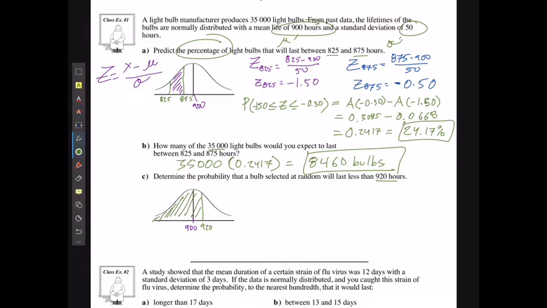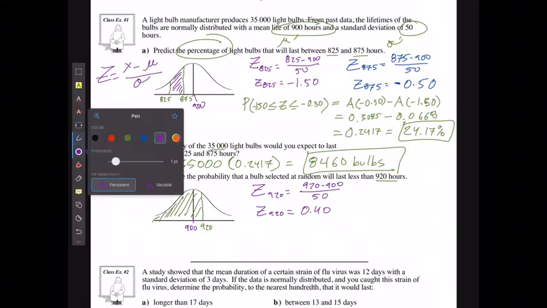So I'm going to do basically the same thing I did in the last case. I'm going to state that my z-score for 920 is going to equal 920 minus 900 over 50. My z-score at 920 is going to equal 0.40.